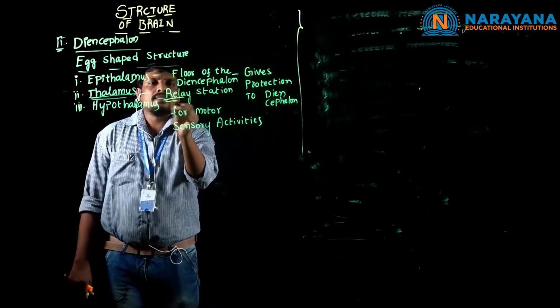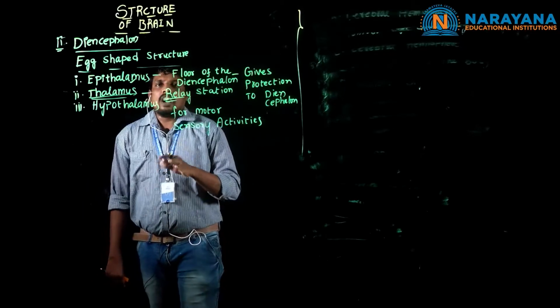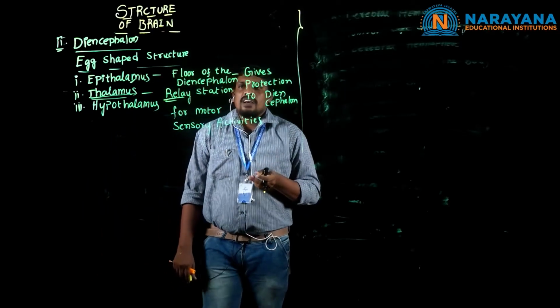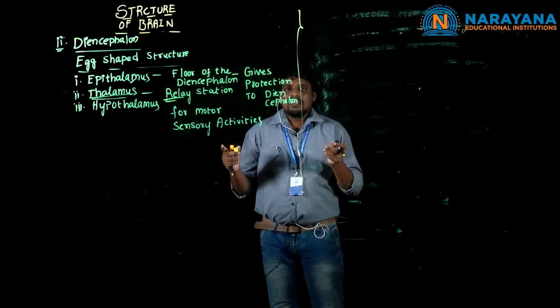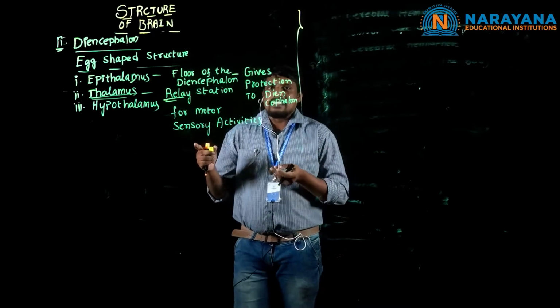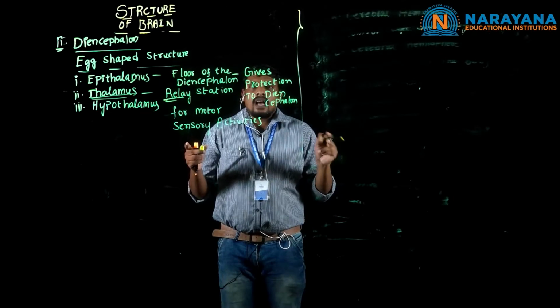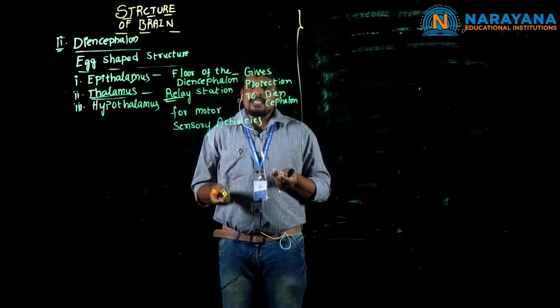That's why it is called a relay station. What is the opposite word for relay station? Relay station opposite word is delay station. Relay, controlling station. Delay, uncontrolling station. Clear ma?